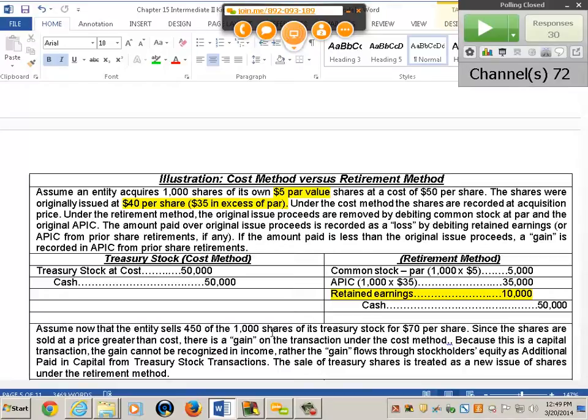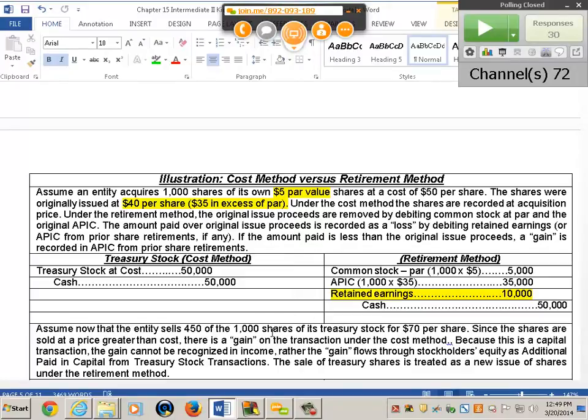So you paid 50, and someone, whenever they bought the stock, only gave you 40, so there's a loss. Now, in this case, notice what happens. You have to remove the original common stock you issued, and you have to remove the original APEC that was generated on that sale.